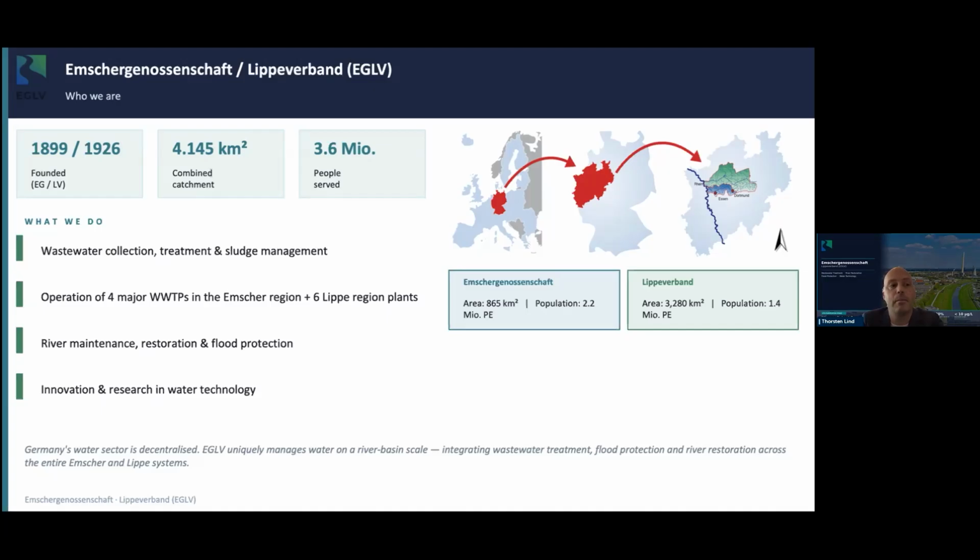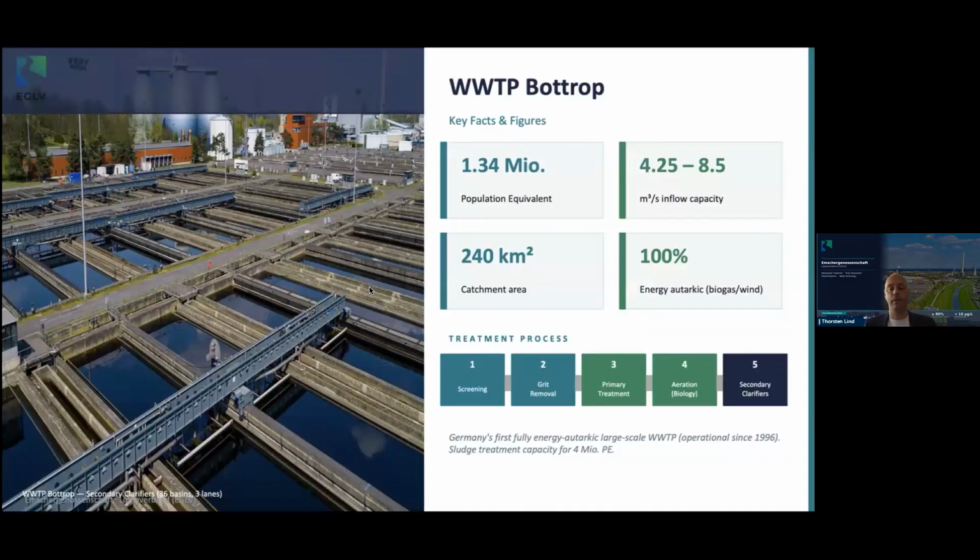In particular, we also set up 4 large-scale wastewater treatment plants. The one we talk about today is the largest one, close to the city of Bottrop. It has a capacity of 1.3 million population equivalents and is located right next to the river Emscher.